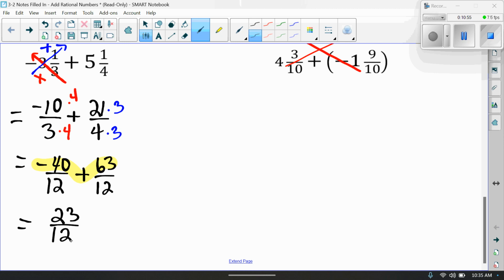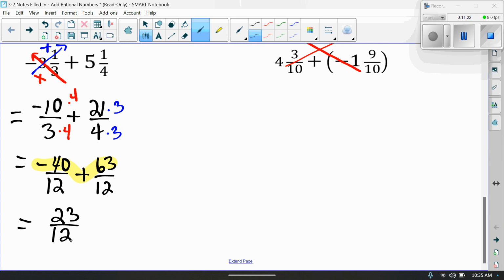Now, is it going to be a positive or a negative? Very good. It's going to be a positive because 63 is the bigger number. Now, this is an improper fraction. We want to change it back to a mixed number. Very good. So how many times does 12 go into 23?